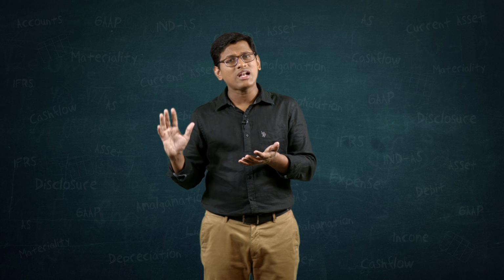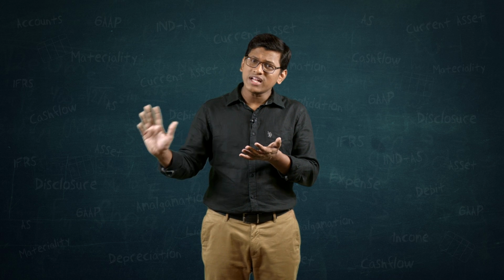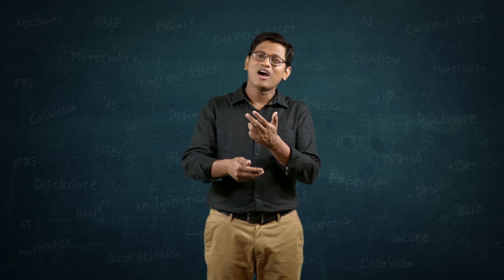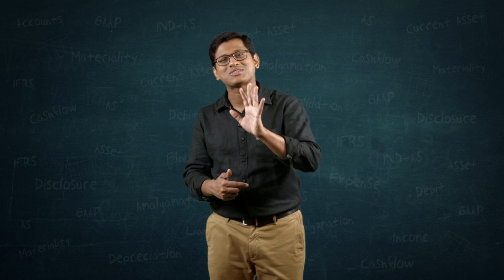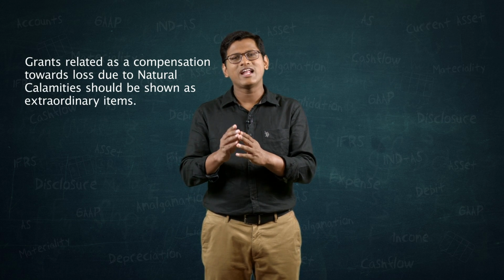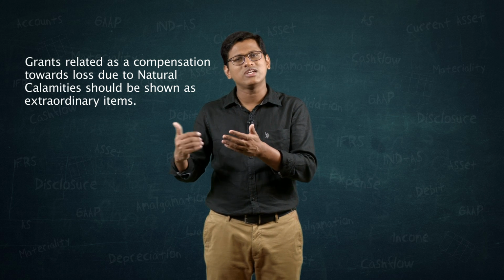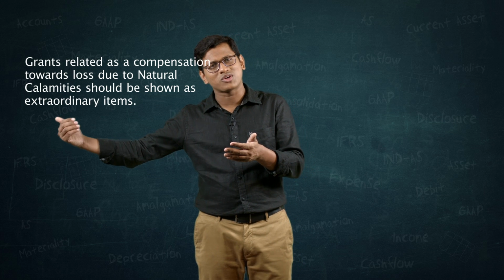These should be shown as extraordinary items. So if these are shown as extraordinary items, even the compensation received in relation to those extraordinary items should be disclosed under extraordinary items only. So it's just a P&L disclosure point, and a note can be given in the notes to accounts indicating that so and so is received as a compensation for the loss suffered due to earthquake, etc.